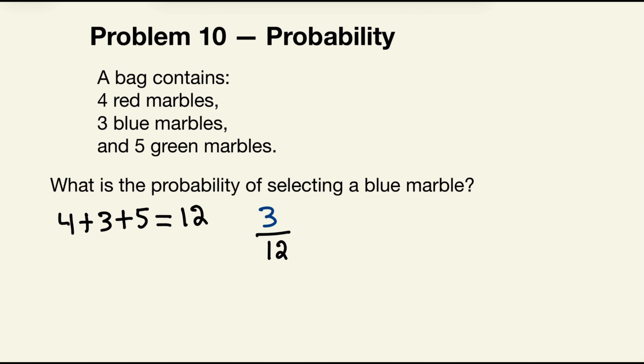So 3 divided by 3 is 1, and 12 divided by 3 is 4. So the final answer is 1/4. That's the probability. A common mistake is placing the total on top instead of the favorable outcome, so be careful with that. Let's go ahead and move on to the next problem.